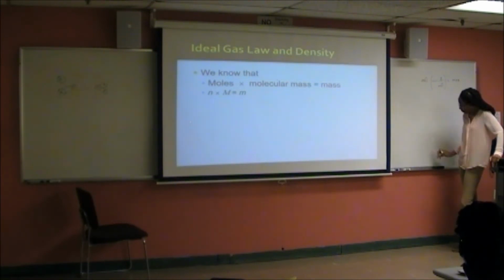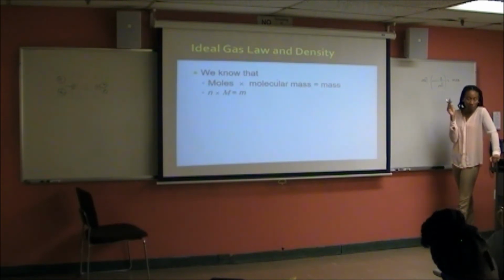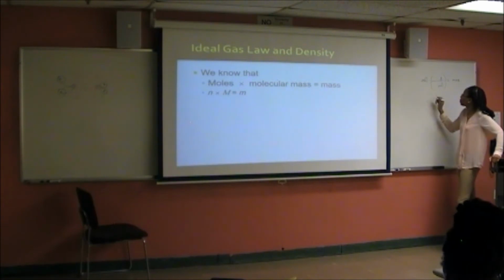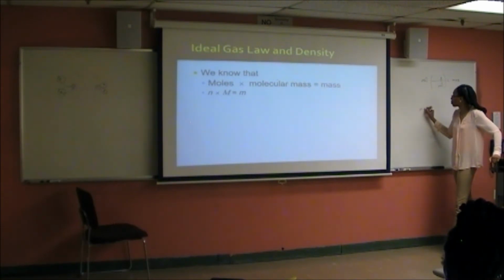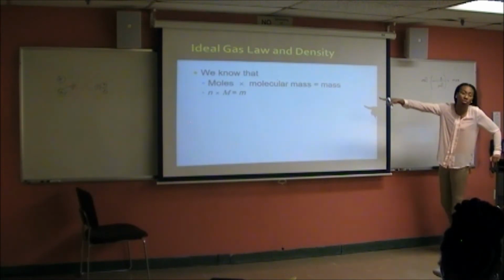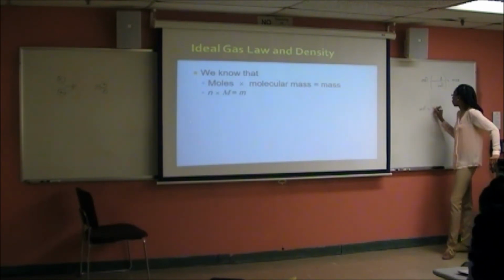So now, you can ultimately substitute your moles. What does moles equal then? If this is true, how do you get moles by itself? Mass over molar mass. There you go.